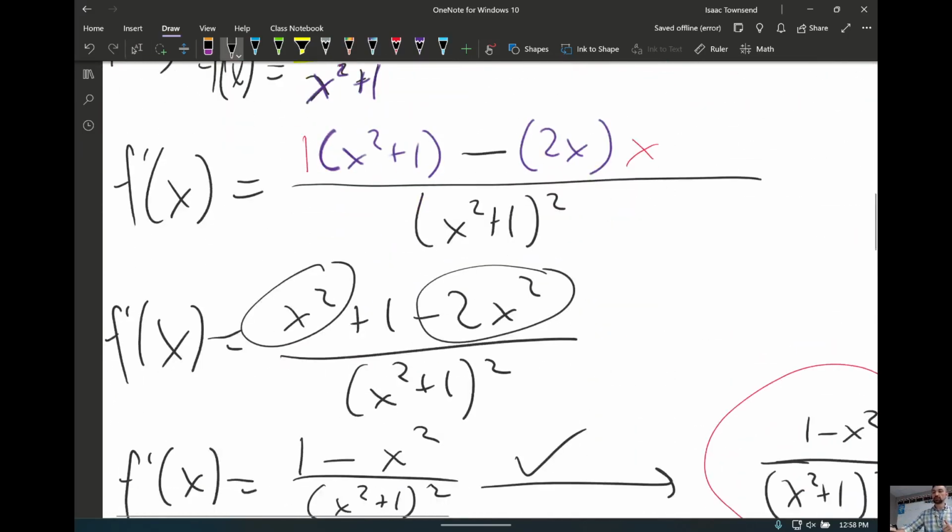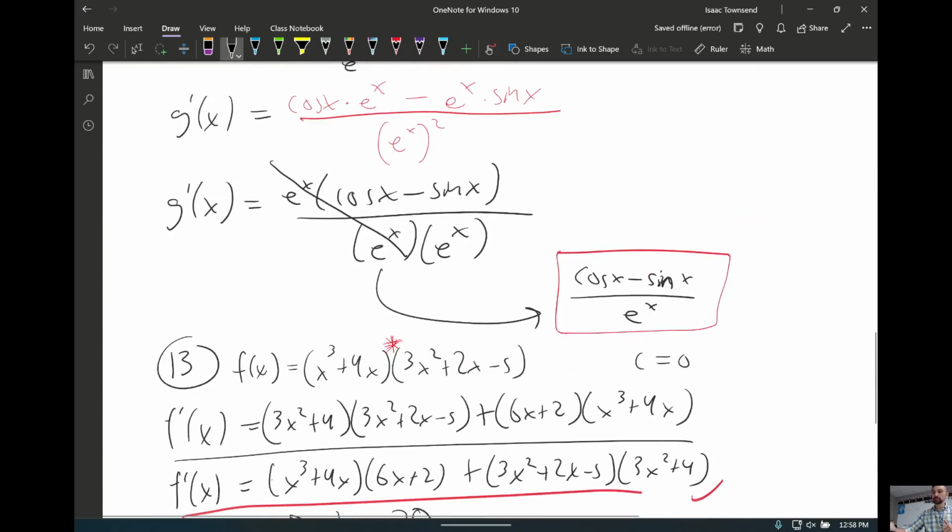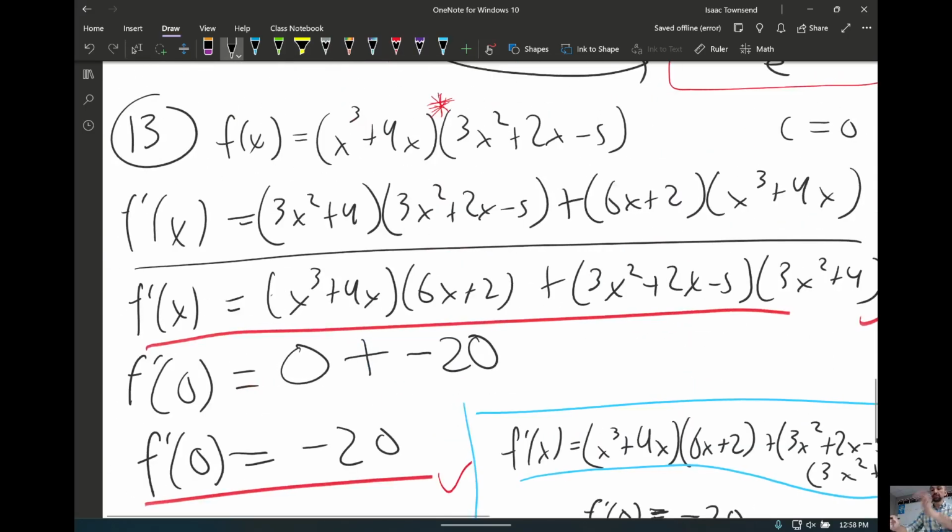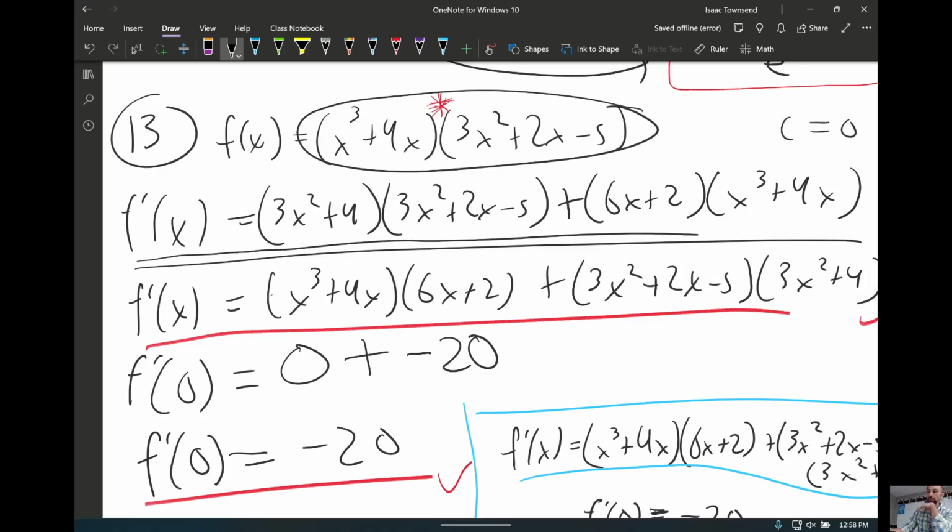And the reason this question made me think of that was, in theory, in question 13, if you want to distribute all of this and get like 6 terms, you could do the power rule 6 times instead of doing one big product rule, and that's fine as well. So when you check the answer in the back, they had 2 answers for this part. The other answer would have been if you had multiplied all this together first and then did the derivative.